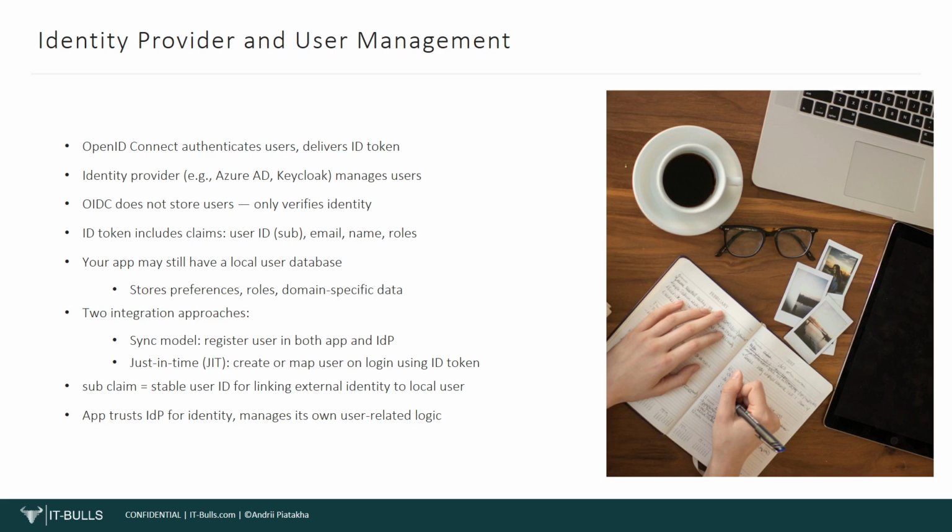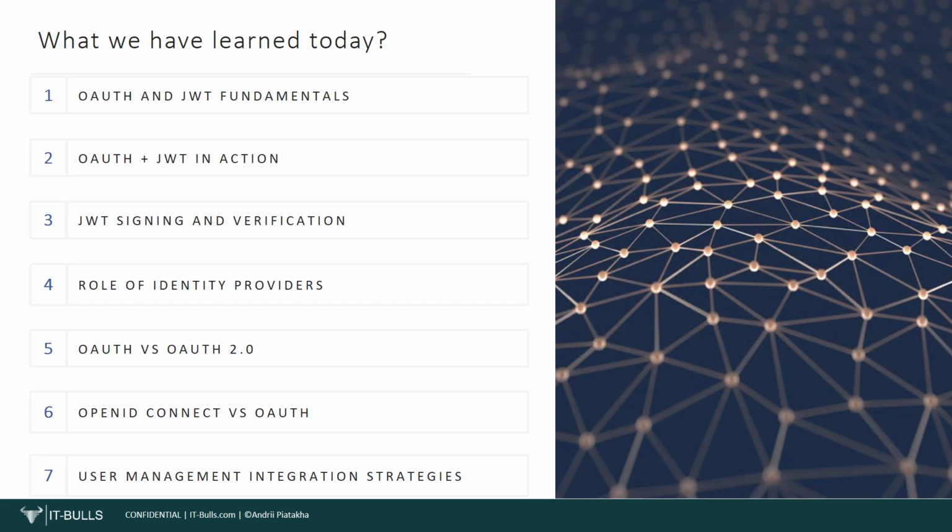Let's recap what we've learned today. We started by understanding the core concepts of OAuth and JWT. You learned how OAuth and JWT work together in the authentication and authorization flow. We explored how JWTs are signed and verified using keys, ensuring secure token handling.